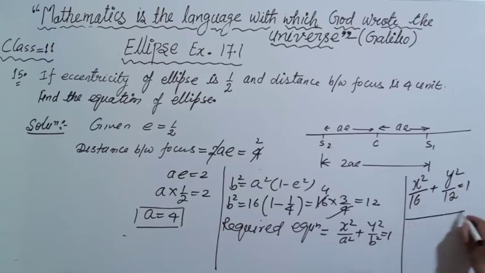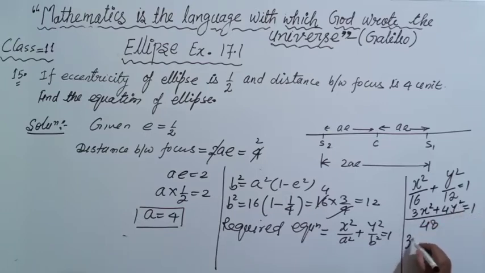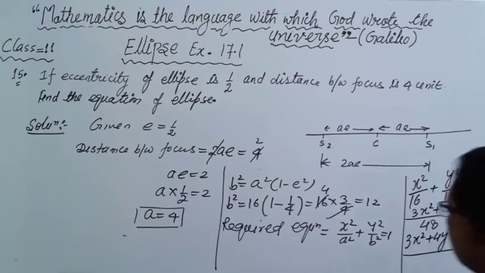Taking the LCM, 48 is the LCM, so this is 3x square plus 4y square over 48 is equal to 1. Now cross multiply: 3x square plus 4y square is equal to 48. So this is your final answer, student.